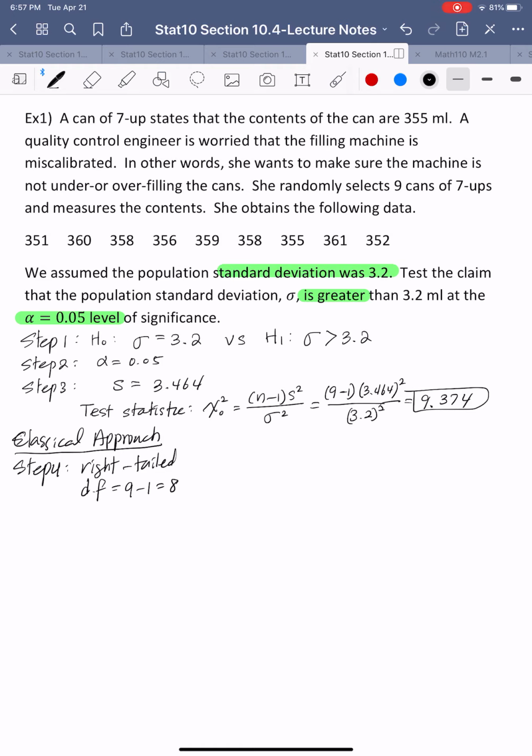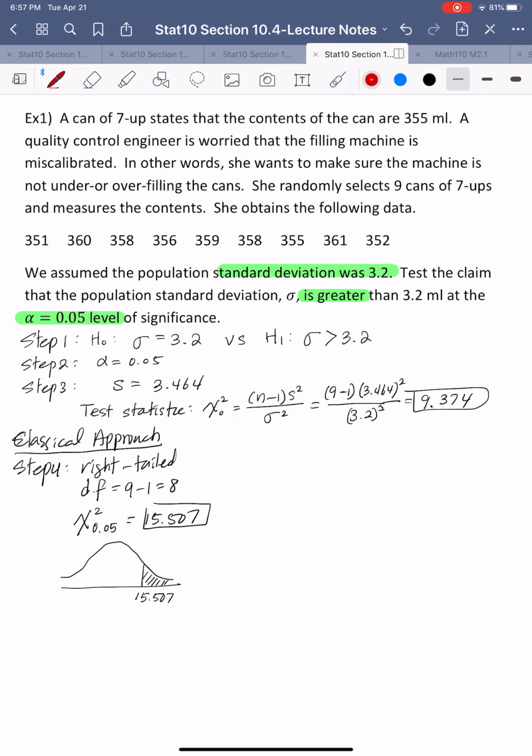If you use the table, chi-square at 0.05 becomes 15.507. So this is the critical region.